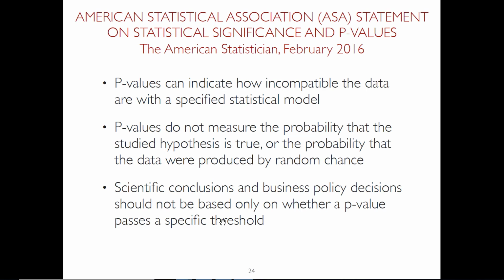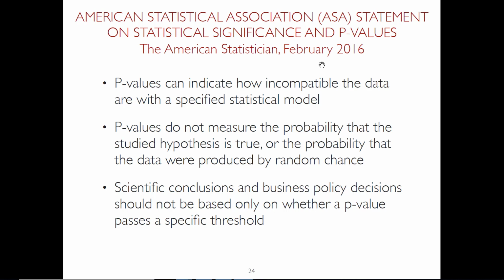But before I do that, I wanted to tell you about the statement of the American Statistical Association. It issued a statement 3 years ago on the appropriate use of p-values. And let me tell you something: the American Statistical Association doesn't make any statements on anything.